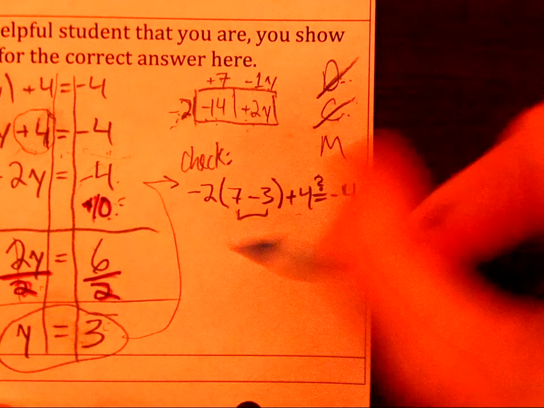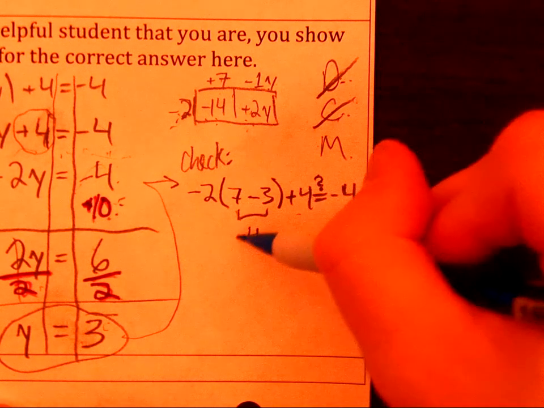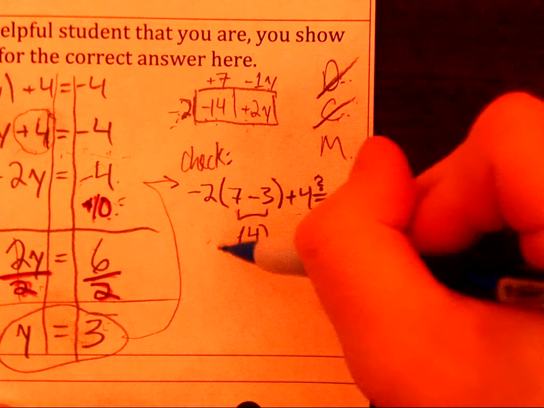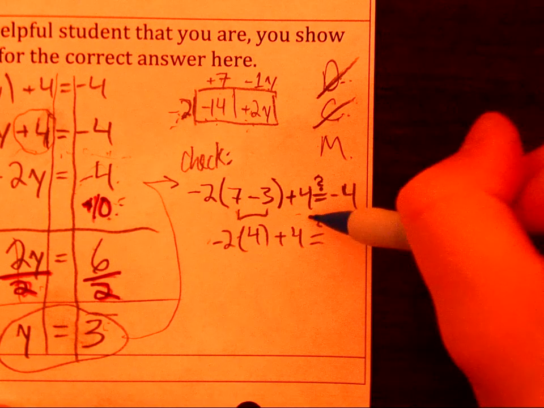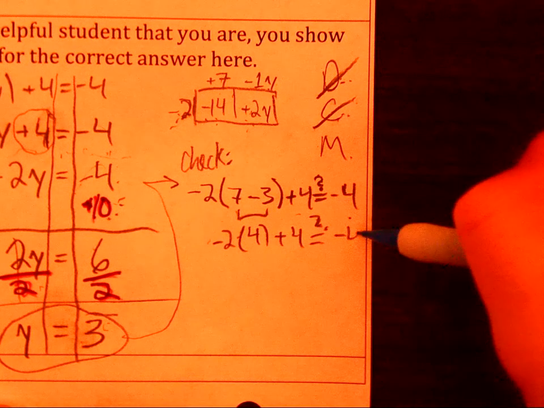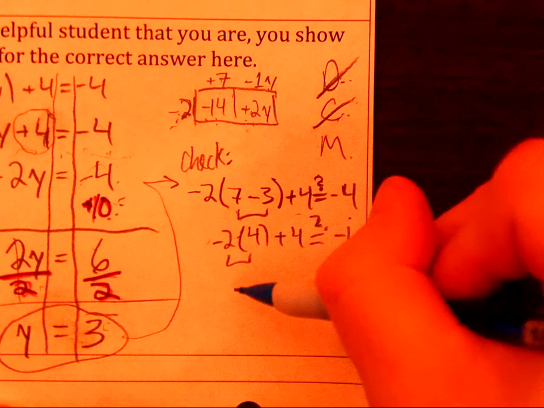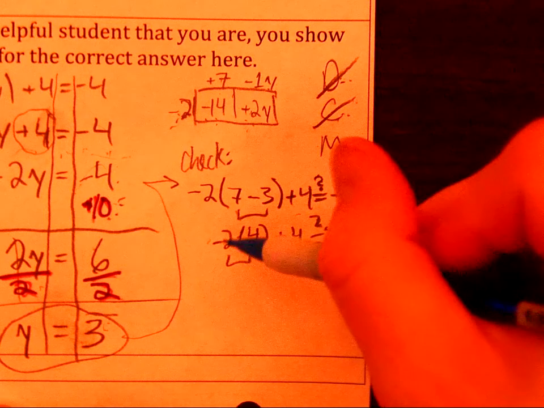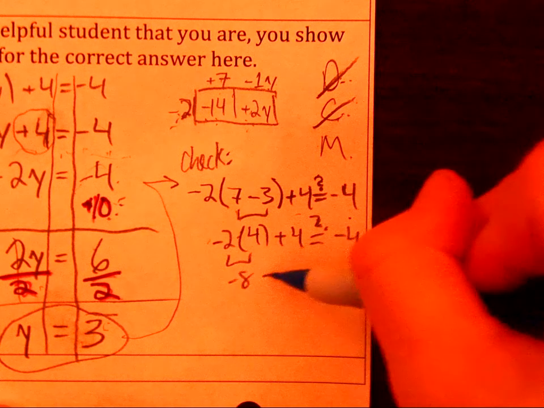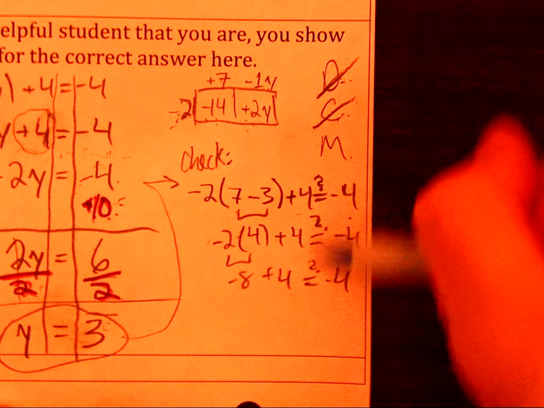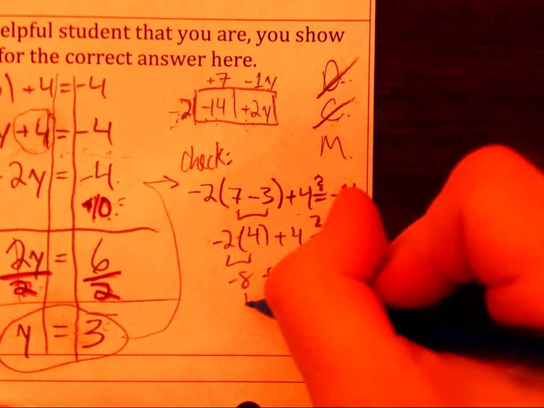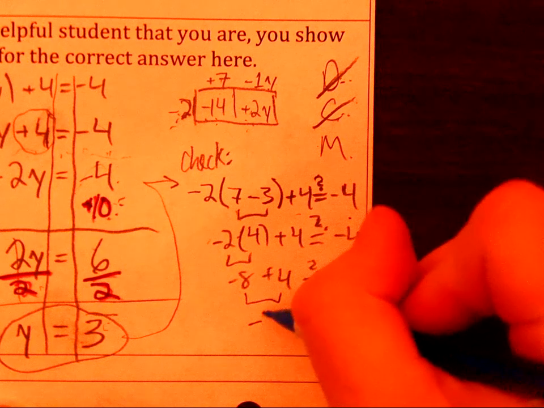This is 4, everything else stays the same. So times a -2 plus 4, we're saying, is this equal to a -4? -2 times 4 is -8, plus 4, is that equal to -4? Again, you're just going down to see, do these two sides equal each other? And yes, they do.